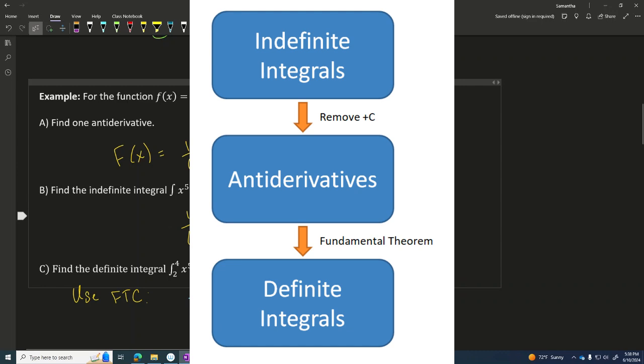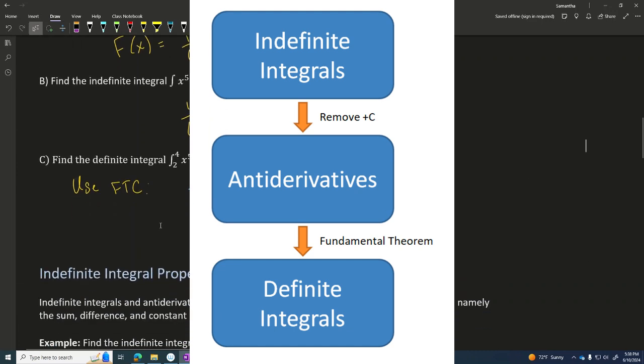And as we learn how to calculate indefinite integrals very easily, we will be learning how to calculate antiderivatives very easily, and that will give us the ability to calculate definite integrals very easily by way of the fundamental theorem.